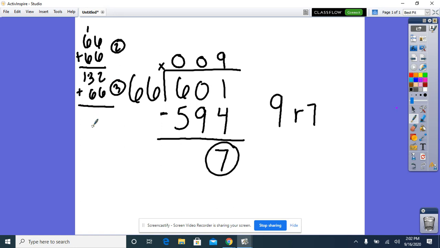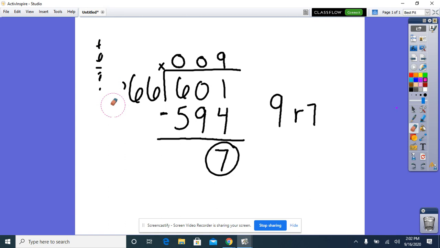I would keep adding, and every time you add the 66, you would put how many times you've added it. So that's repeatedly adding 66. If I added 66 9 times, it's the same as 9 times 66. So whichever way is easy for you, use that method. It's just a guess and check kind of thing to see how many times that divisor will go into that dividend.